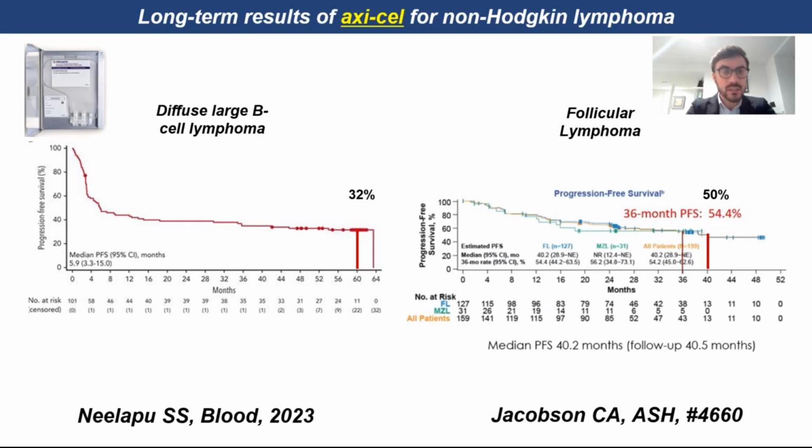And you can see in these curves published recently that for both diffuse large B-cell lymphoma and follicular lymphoma, the progression-free survival shows a plateau, meaning that a group of patients at long term are likely to be cured, about 30% for diffuse large B-cell lymphoma and 50% at 3 years for follicular lymphoma.